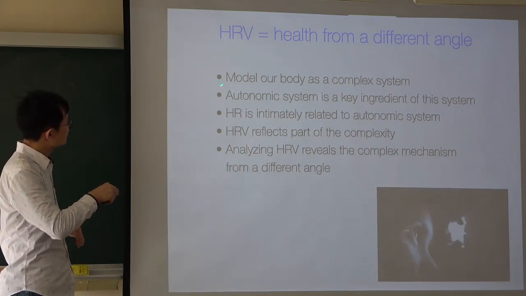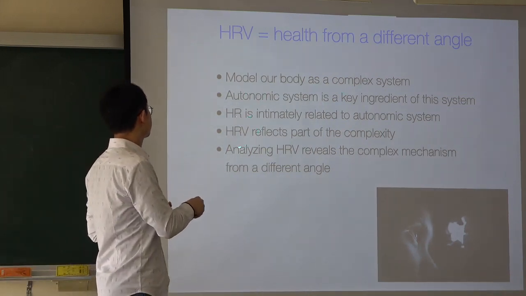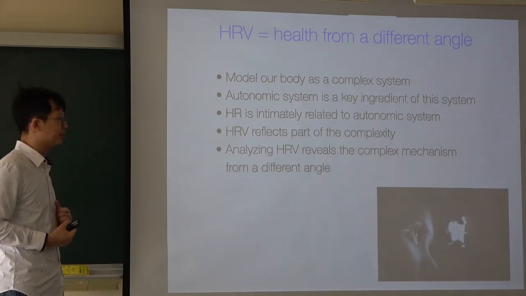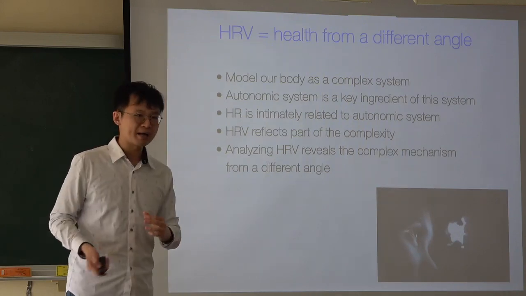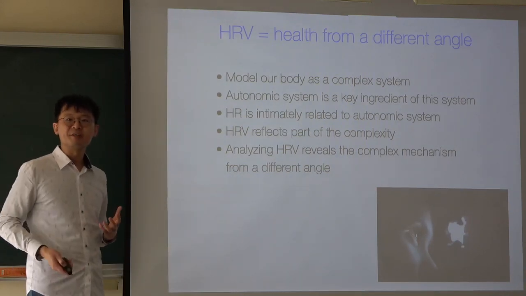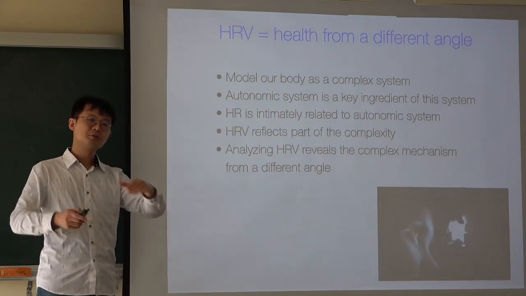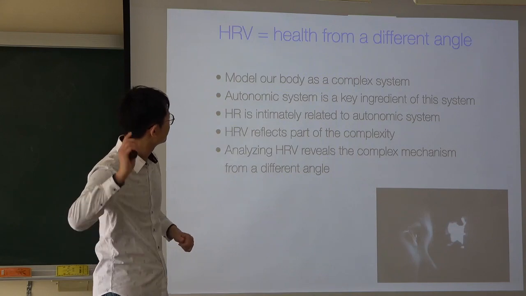This autonomic system is reflected in the heart rate. So heart rate variability in the end reflects part of the complexity. Analyzing heart rate variability reveals the complex mechanism from a different angle, just like peeping into this complicated system from a different view.